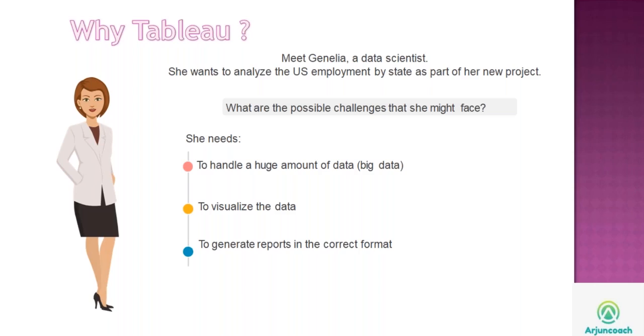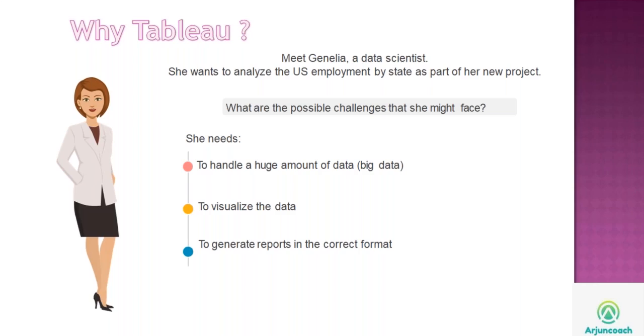So let's understand this. Just meet Genelia, a data scientist. She wants to analyze US employment by state as part of her new project. She got a project where analyzing US employment state by state is her responsibility as a data scientist. What are the possible challenges she might face?